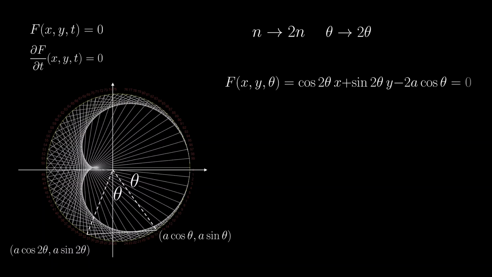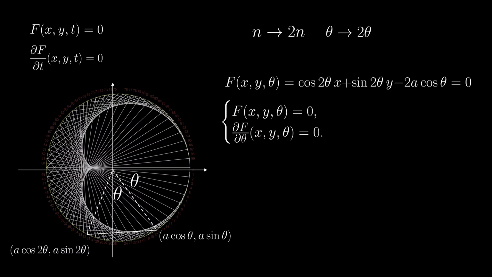Now, as we've mentioned, I can apply the envelope rule. The envelope, as we've derived, can be calculated by eliminating theta from these two equations. The first is f(x, y, theta) equals 0, and the second is its partial derivative with respect to theta also equals 0.